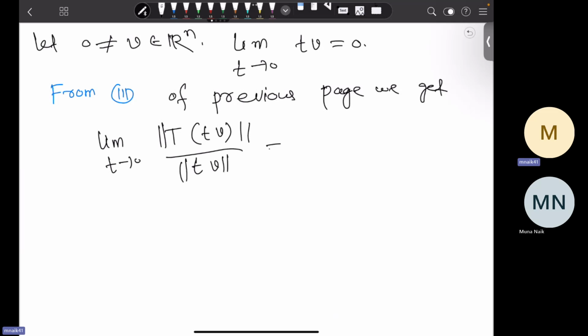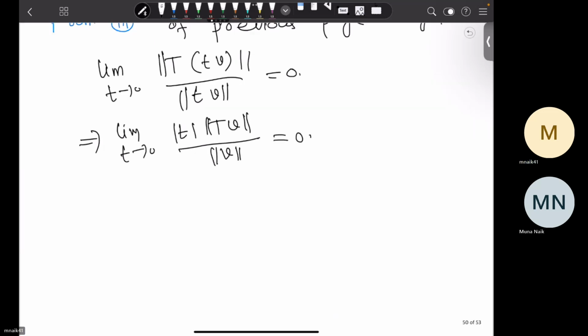This is 0. Now the thing is, this t is a linear map and norm is a homogeneous function. So I can pull out the mod t from this limit, and that will give you mod t, norm of tb by norm of b, equal to 0.